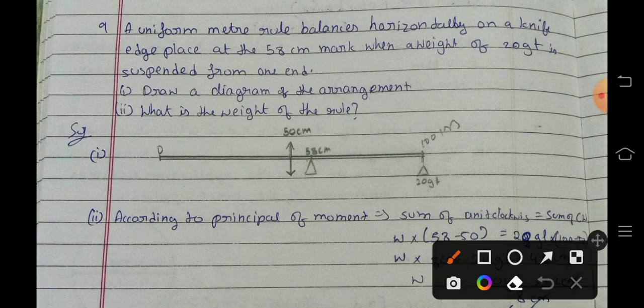Here is a 100 centimeter ruler. Actually 50 centimeter is the midpoint, but this ruler is balanced at the 58 centimeter mark, and one weight of 20 gf is suspended from one end. Obviously it will be suspended at 100 centimeter. Why? Because up to 50 centimeter on this side the mass is more.